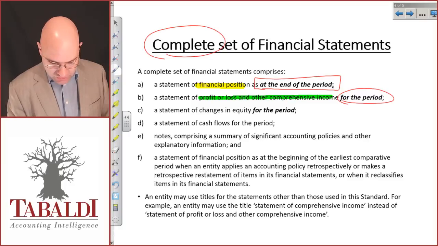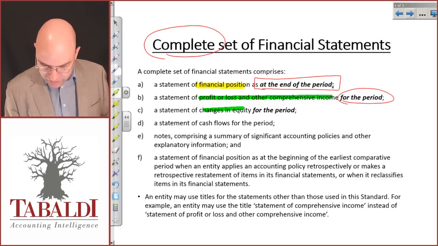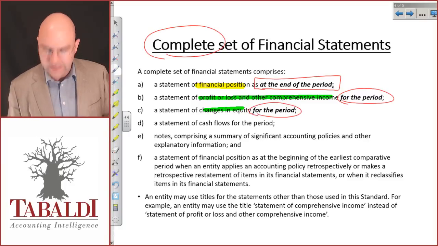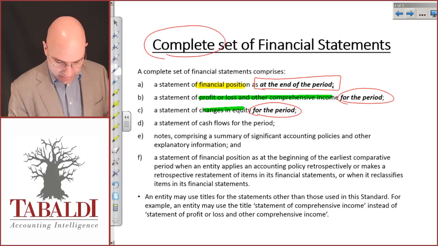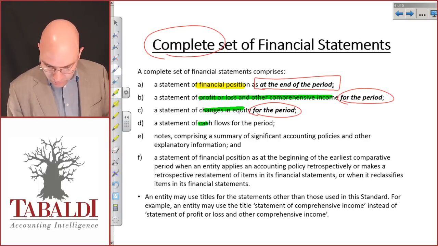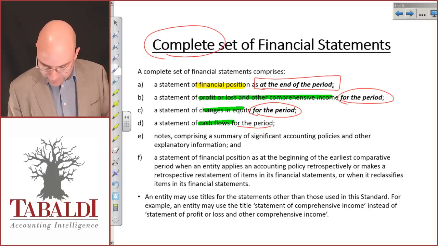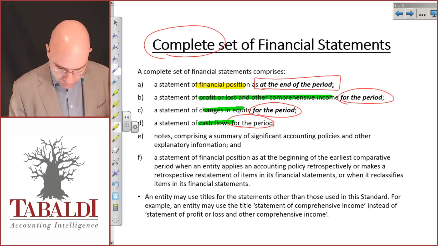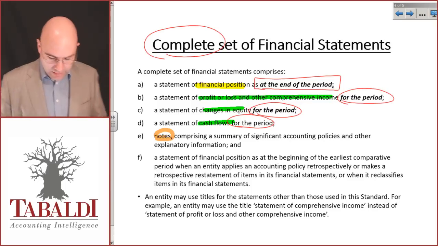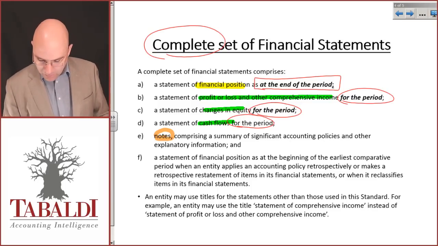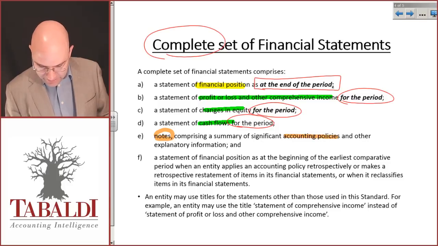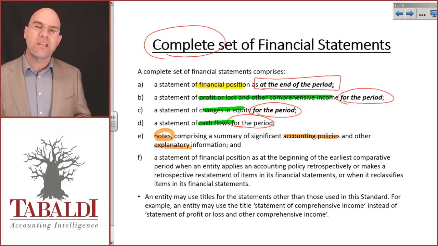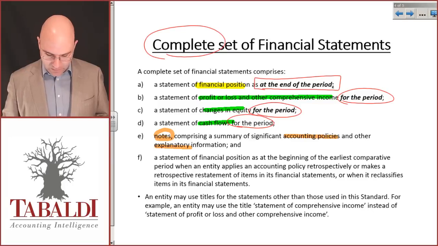A statement of changes in equity, also for the period ending. A statement of cash flows, also for the period. And along with all of this, we will have notes. These will summarize any significant accounting policies and any other explanatory information about estimates and judgments.